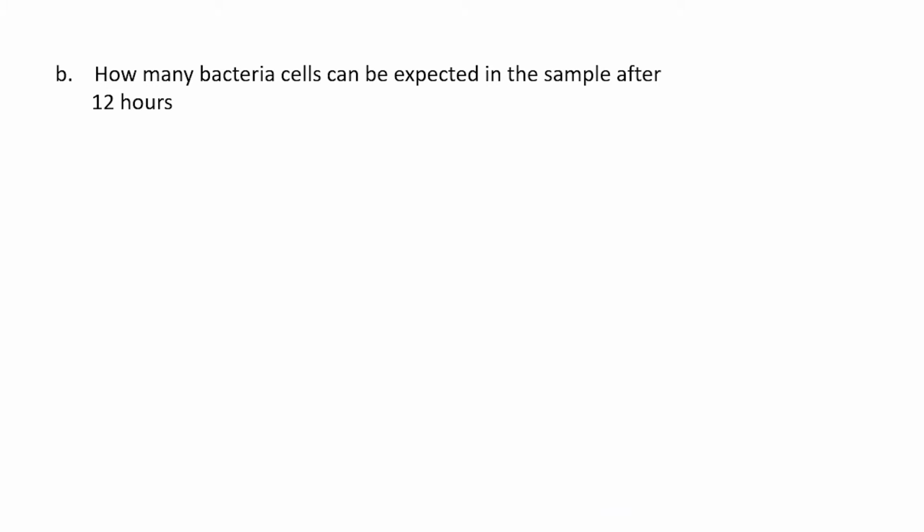In part B, we need to find out the expected number of bacteria cells after 12 hours. We can simply use the equation that we just received on the previous slide, which is this one, and this time we have to use 12 for x, because we want to know how many bacteria cells we have after 12 hours.